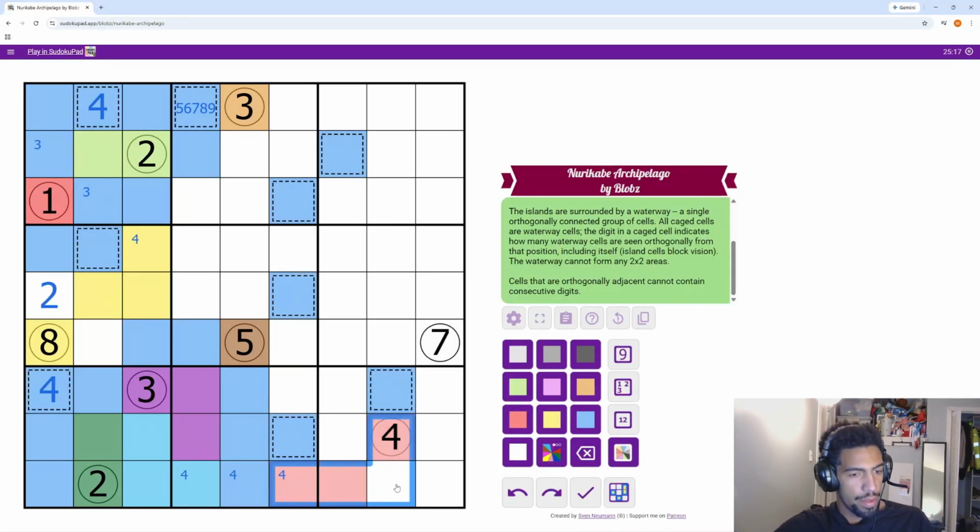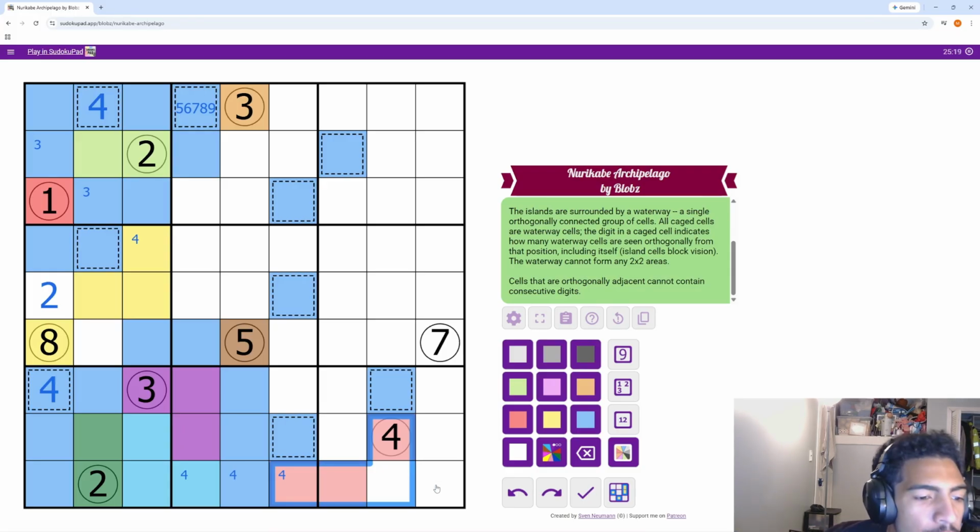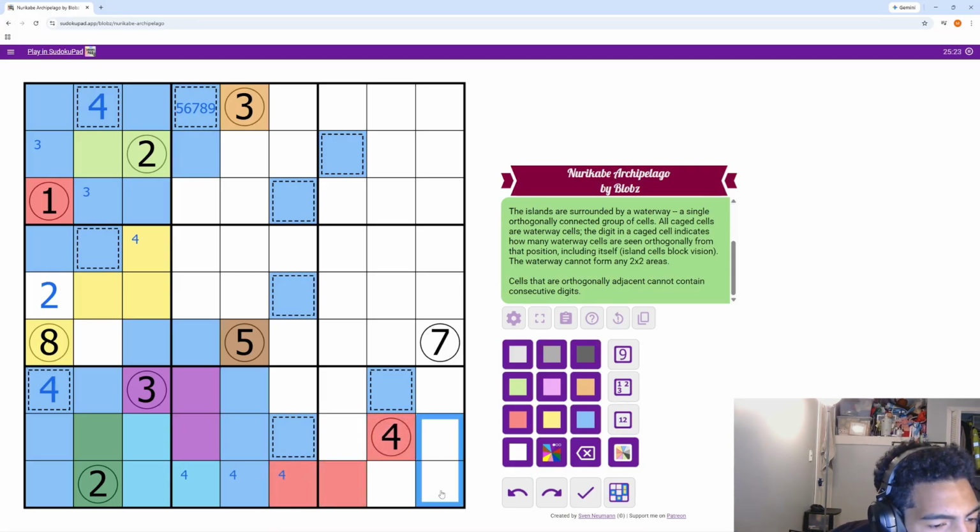Let's see. Now, I think that these are gonna have to be water cells, but I know that this is blue for sure because my 7 can't go down there to touch, and the fourth red cell is one of these two cells, which means that this is definitely blue as well. Right.